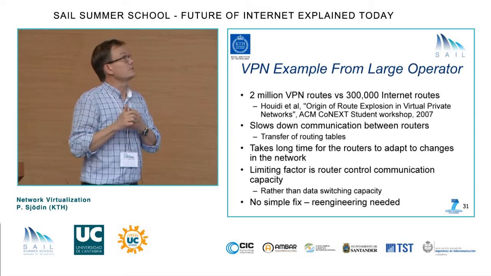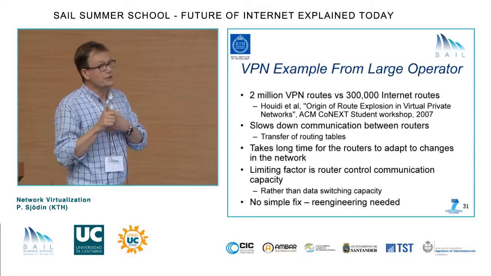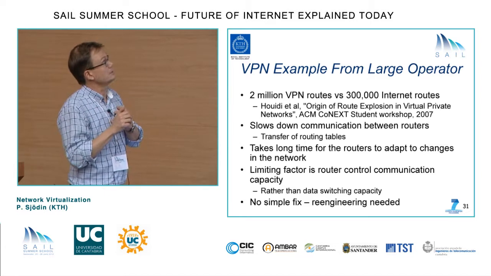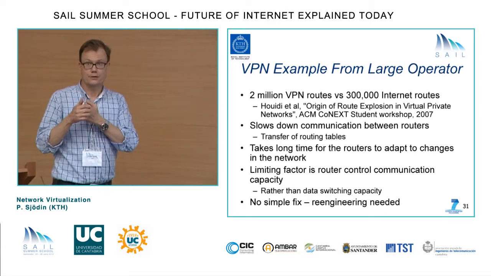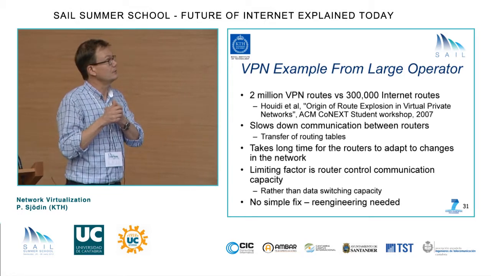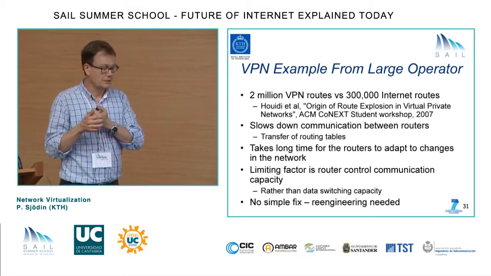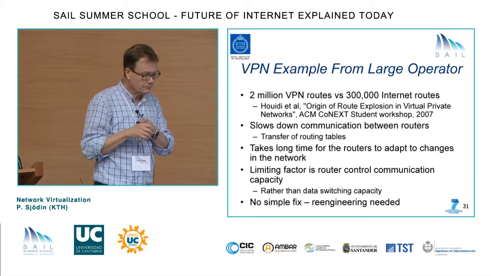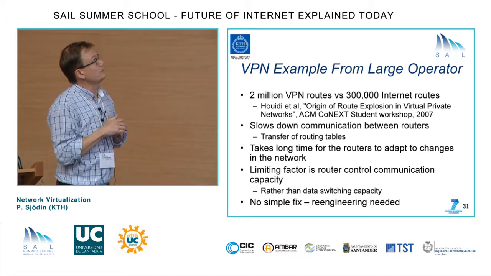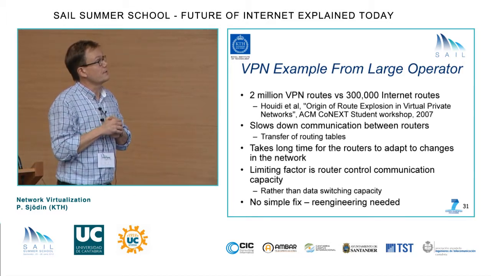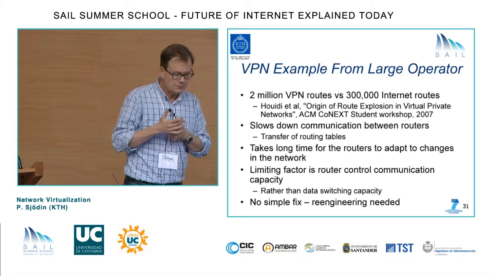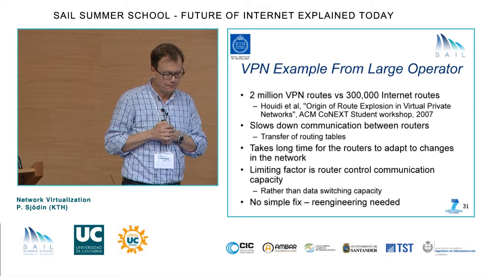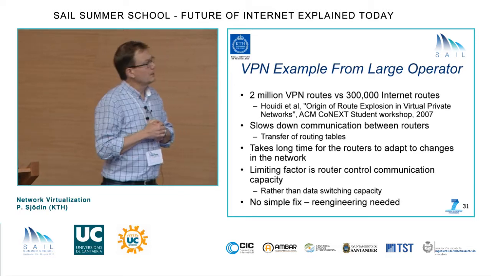So there are cases where the VPN part of the routing table is an order of magnitude larger than the parts that are related to the basic internet. So 2 million VPN routes versus 300,000 internet routes. This comes from Orange, I believe.